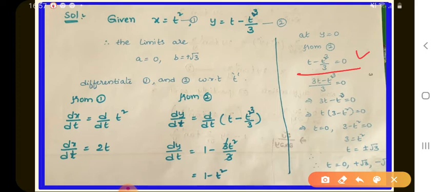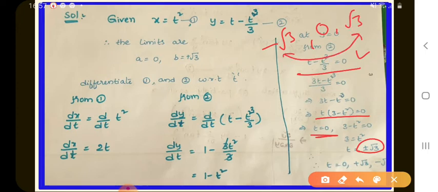After taking LCM and common, we get the values of t equals 0 and plus or minus root 3, that means minus root 3, 0 and root 3. We would find this from minus root 3 to root 3 length, but I find only from 0 to root 3 and I double it. So I take limit values as a equals 0 and b equals plus root 3 only.